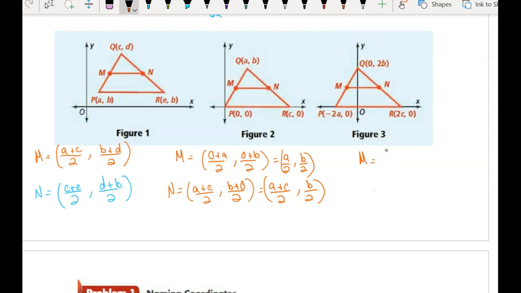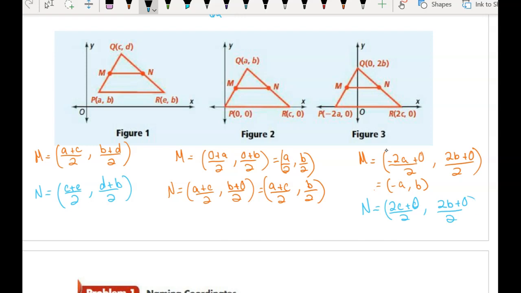So for M, we have negative 2a plus 0 divided by 2, and 2b plus 0 divided by 2, which simplifies down to negative a, b for point M. Let's see what we get for N. N is equal to 2c plus 0 divided by 2 and 2b plus 0 divided by 2.